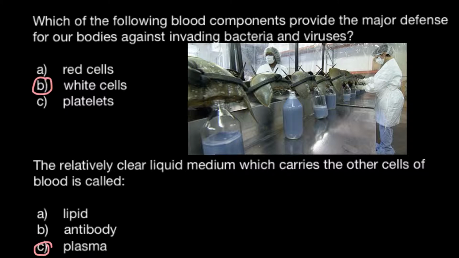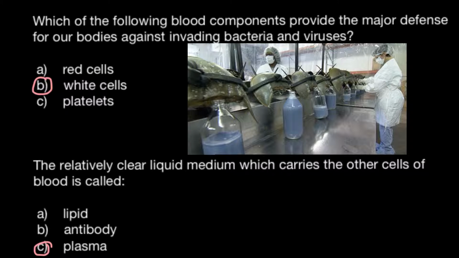So lipid is just a name for fats and oils, and B, antibody, is particles that attach to the antigens and signal for the immune system of the body that there is an invasion of foreign particles and proteins. And plasma is a blood component. It is aqueous, and it contains all other major components of the blood, like platelets, white cells, and red cells.